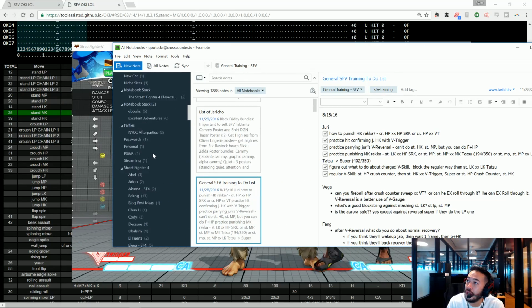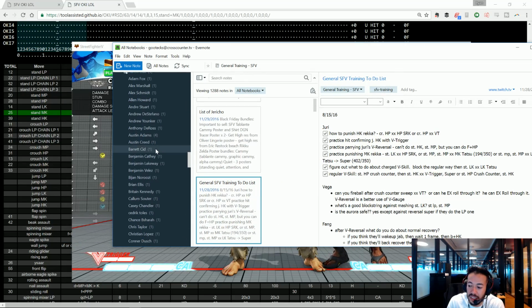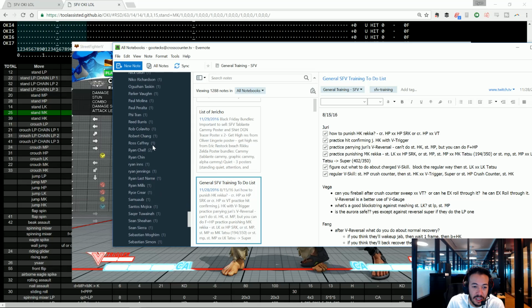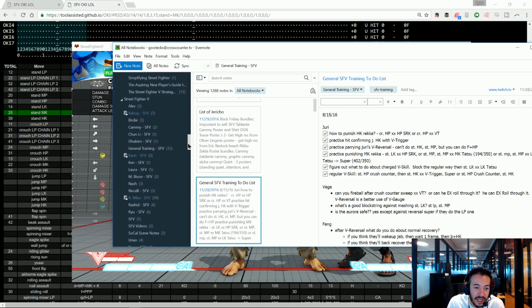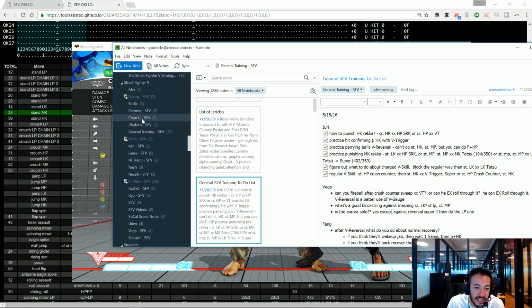I have one notebook for students, I used to have one notebook per student, but I also have a Street Fighter 5 notebook, and a notebook for different characters, with notes within it.